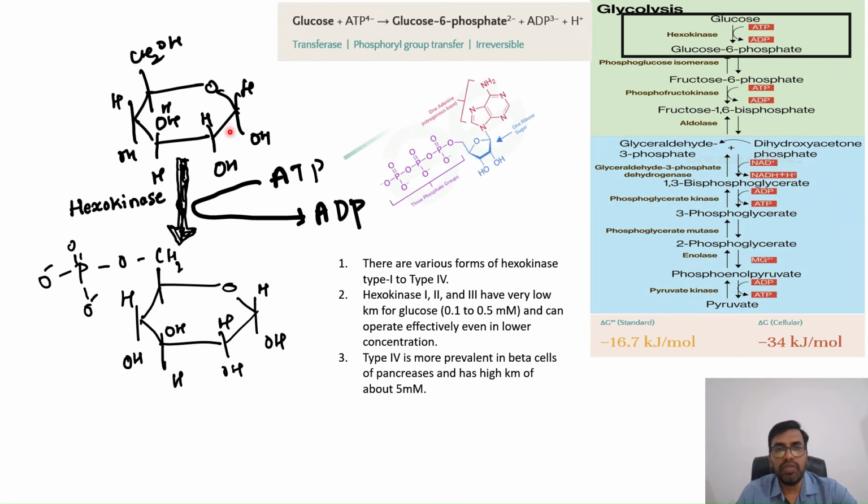When glucose gets converted into glucose 6-phosphate, there will be liberation of minus 34 kilojoule per mole of energy. Because of that energy, there is a high energy difference between glucose and glucose 6-phosphate, and so this reaction is highly irreversible.